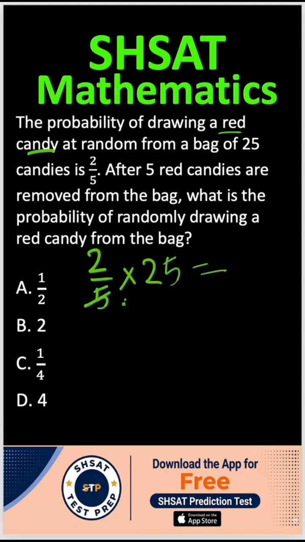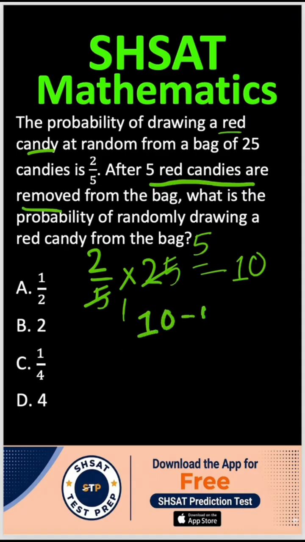So 5 times 1 gives us 5, and 5 times 5 gives us 25. So 2 times 5 gives us 10. Now the total number of red candies is 10, and 5 red candies are already removed from the bag. So the amount of remaining red candies is 10 minus 5, which equals 5.